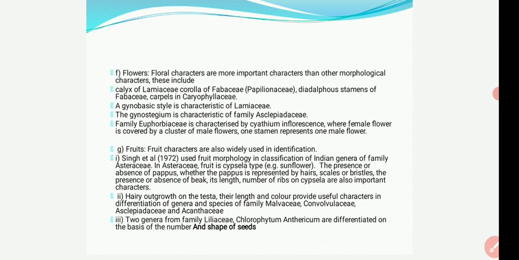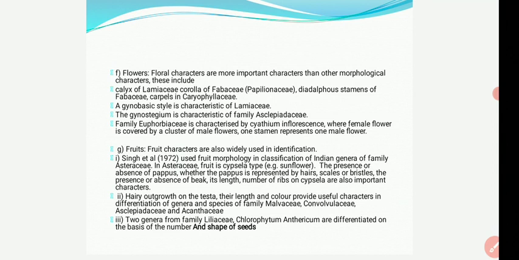Secondly, hairy growth on the testa, their length and color provide useful characters in differentiation of genera and species of families Malvaceae, Convolvulaceae, Asclepiadaceae, and Acanthaceae.